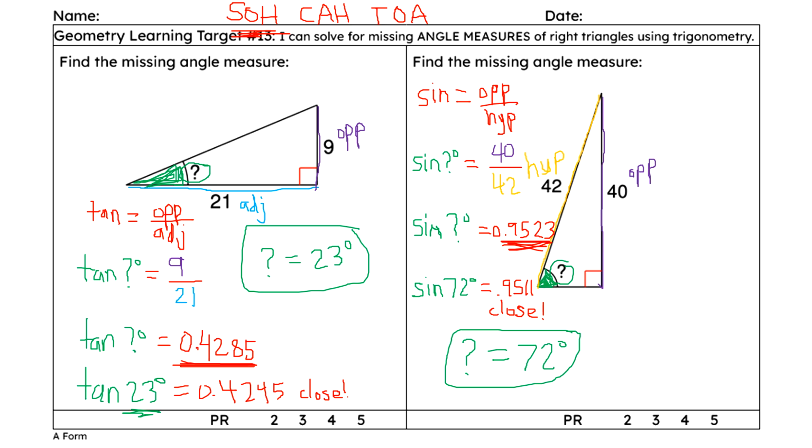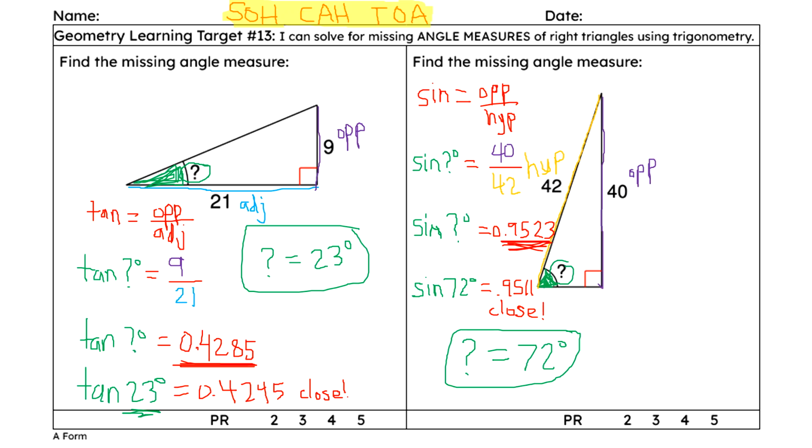So for finding the missing angle measures, this is when you're using the table going backwards to look up which angle measure gave you the ratio that you were able to pull from the triangle, given that two of those sides are going to be given to you. And again, the most important part is to figure out, are you using the sine, cosine, or tangent ratio? What two sides are you comparing?